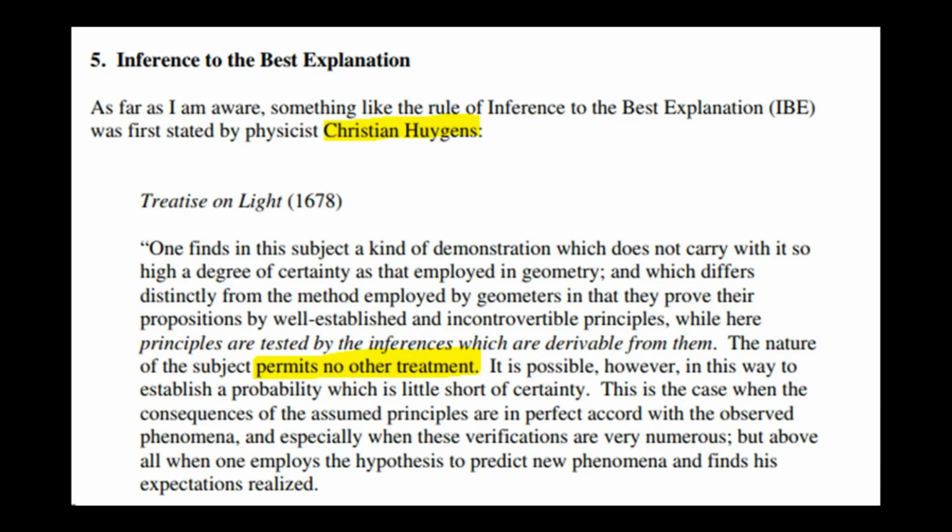One finds in this subject a kind of demonstration which does not carry with it such a high degree of certainty as that employed in geometry, and which differs distinctly from the method employed by geometers in that they prove their propositions by well-established and incontrovertible principles, whilst here principles are tested by the inference which are derivable from them. The nature of the subject, light, permits no other treatment.